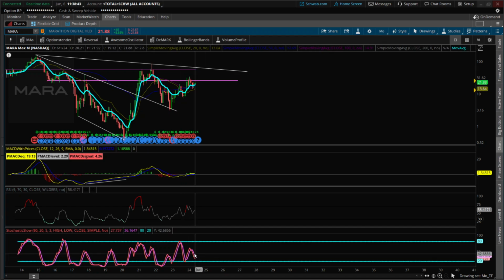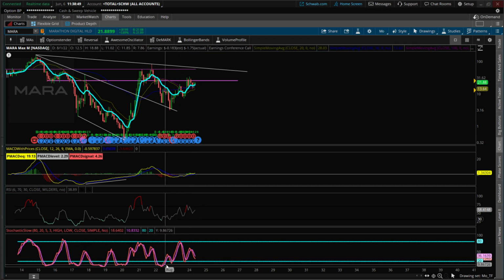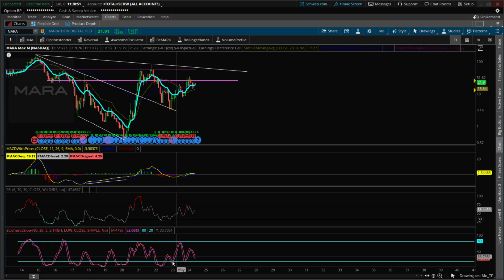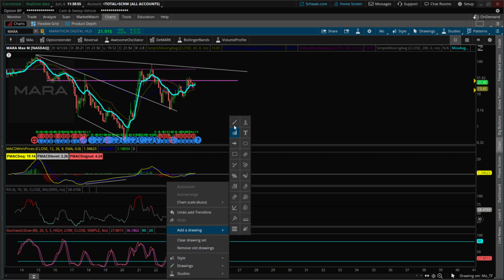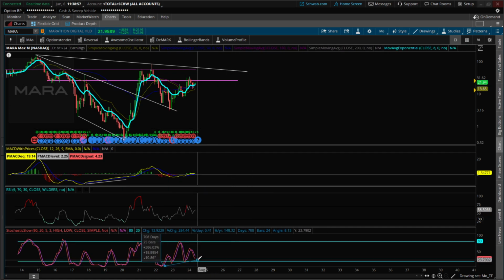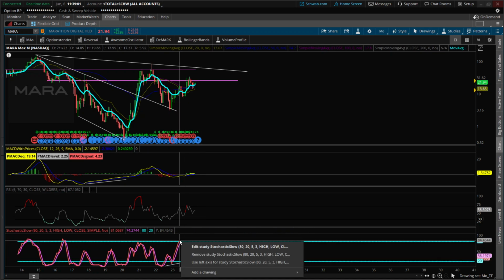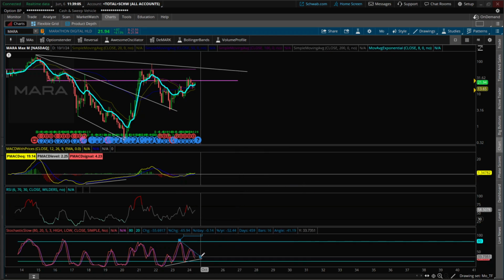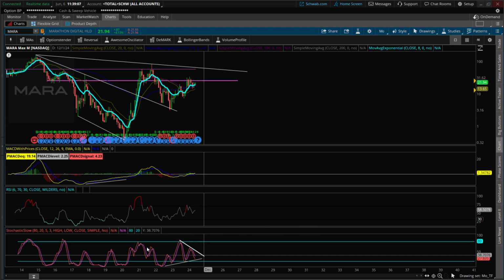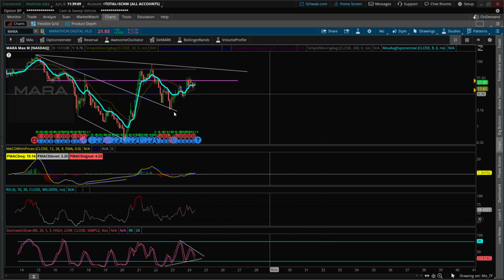And the slow stoch is giving us just a little bit of resistance there with the momentum heading down a little bit, but it looks like it's starting to curve and create an uptrend. So you do have somewhat of a triangulation going on the higher time frame that I do suspect will start to break out to the upside over the next few months. So we'll keep monitoring that.